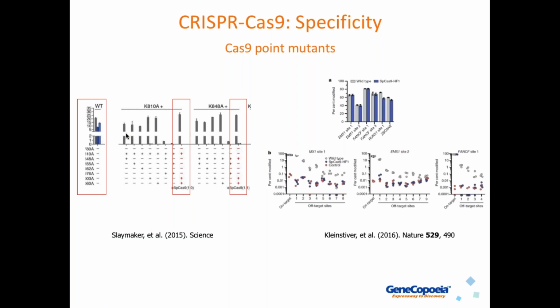And so they actually allow on-target editing that can be as high as the wild type, not always, but often as high. But then they found, when they examined predicted off-target sites, that the levels of off-targeting were reduced to background levels. And the same is true of the other labs' results.